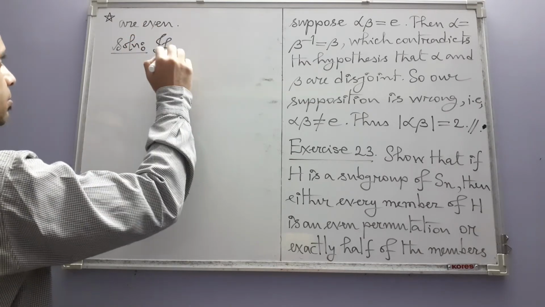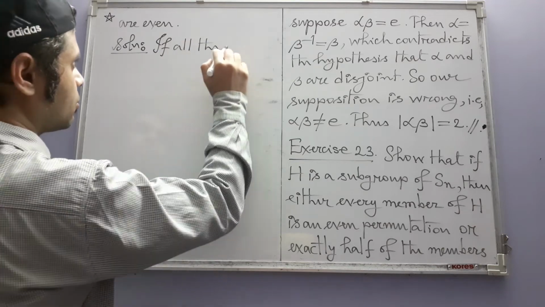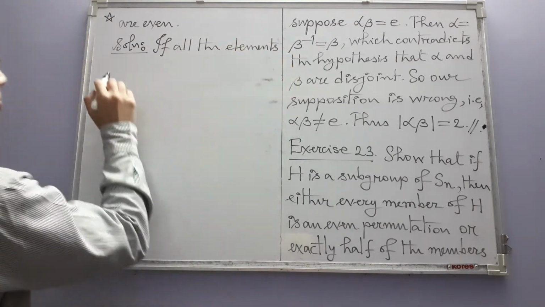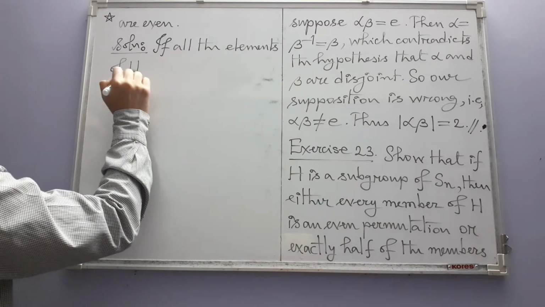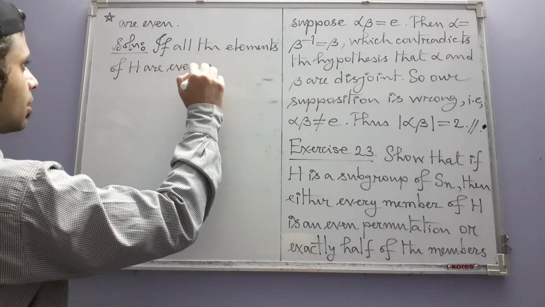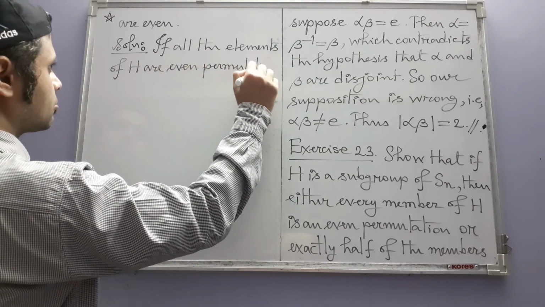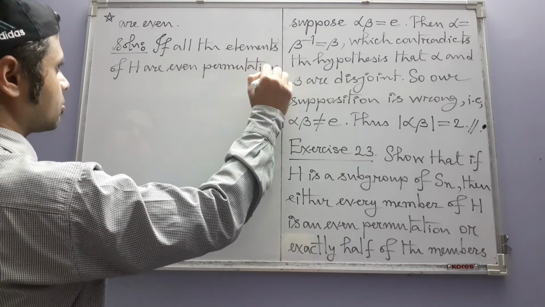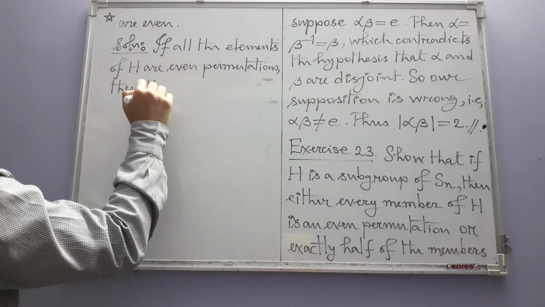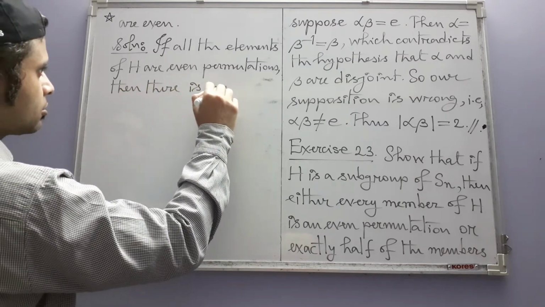If all the elements of H are even permutations, then there is of course nothing to show.